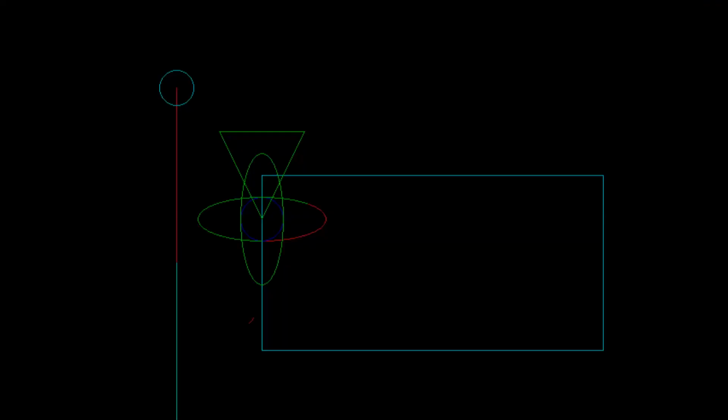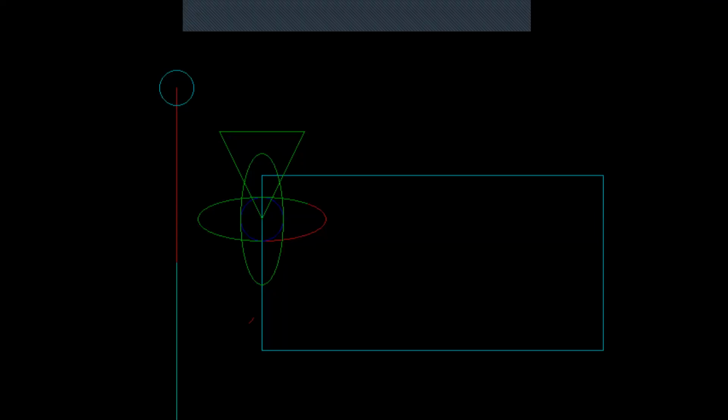Okay, so you observe the blue color circle in between two ellipses, right? The first ellipse, which was the horizontal ellipse, has the x radius more. X radius was 75. The ellipse which is vertical has the y radius more.